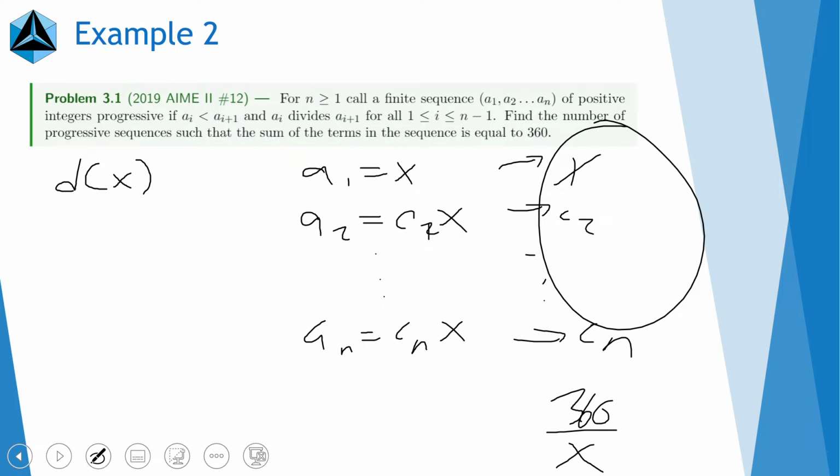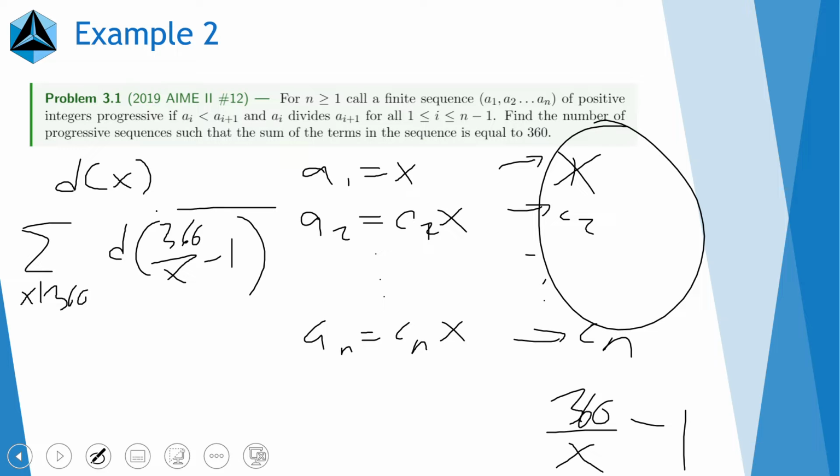And then if we kill out this 1, then we get a -1 here. So the answer that we want is the sum over all x that divide 360 of d of 360 over x minus 1.